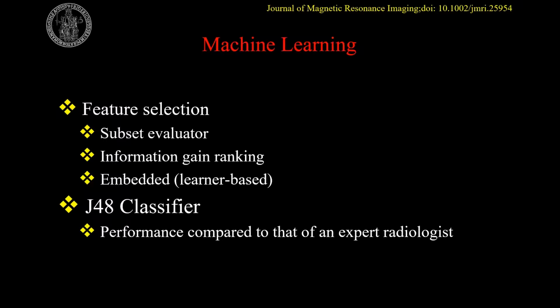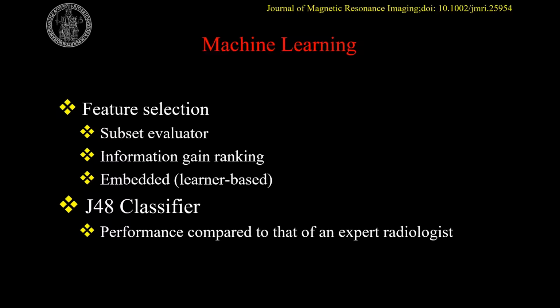We used this software to test different feature selection methods, in particular the subset evaluator, which looks for the feature subset with the highest correlation to the class, while keeping the intercorrelation between the single features as low as possible, the information gain ranking method, and the embedded or learner-based method, which tests the features by evaluating their performance with a selected algorithm, in our case the J48.